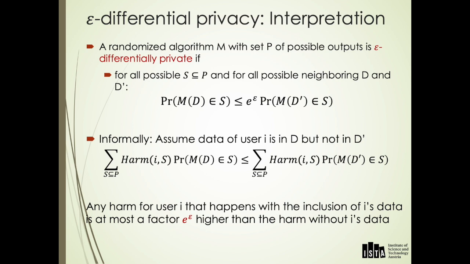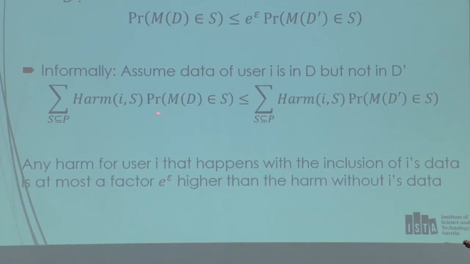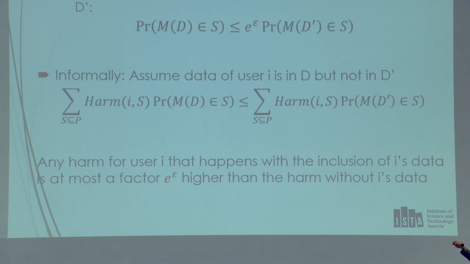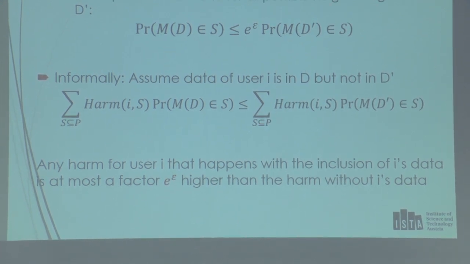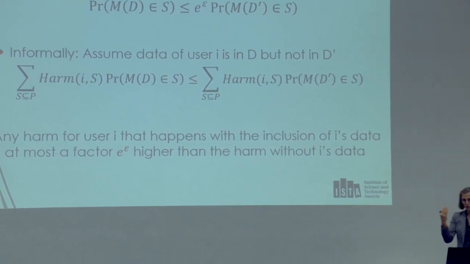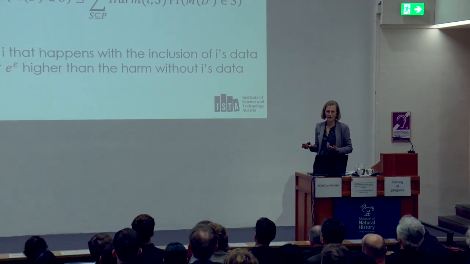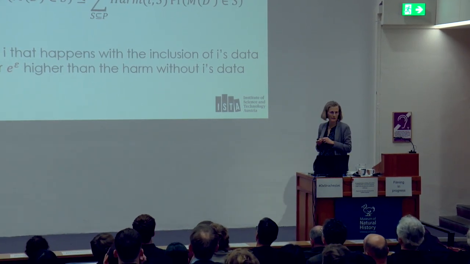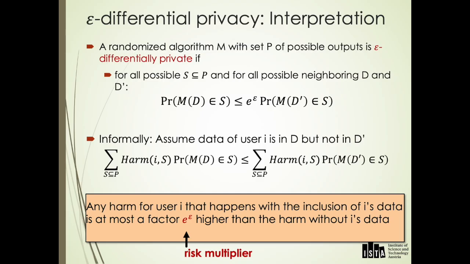Because you know this bound, you know that the expected harm for D prime multiplied with e to the epsilon is an upper bound to the harm that you get if the data was used. Said differently, any harm for user I that happens with the inclusion of data I is at most a factor e to the epsilon higher than the expected harm without I's data. So this definition is useful because you can bound the expected harm that you have by being included. And again, epsilon close to 0 is good. Epsilon 19 might not be quite as good. And e to the epsilon is called the risk multiplier.